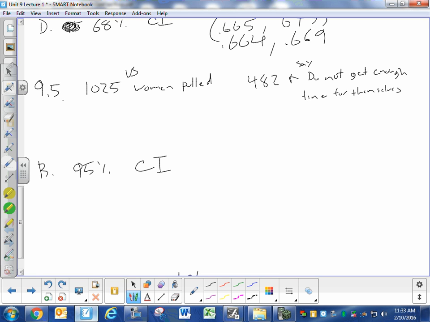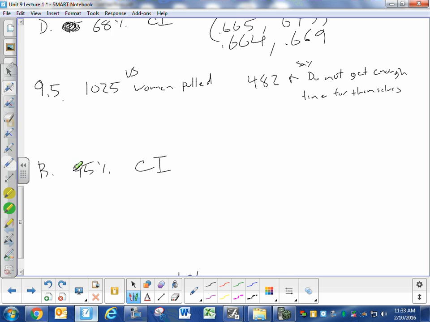All right. 1,025 American women were polled. 482 said they don't get enough time for themselves. Produce a 95% confidence interval to show, and then answer, fill in that statement.